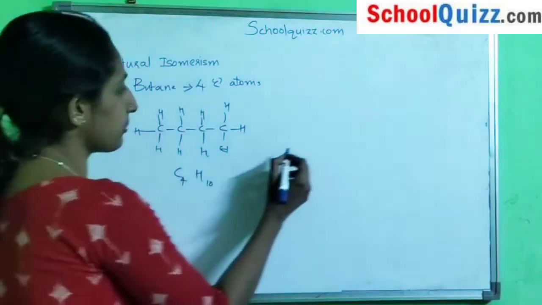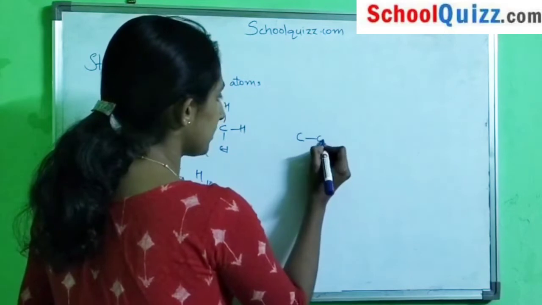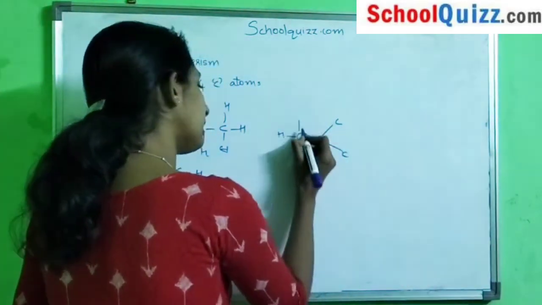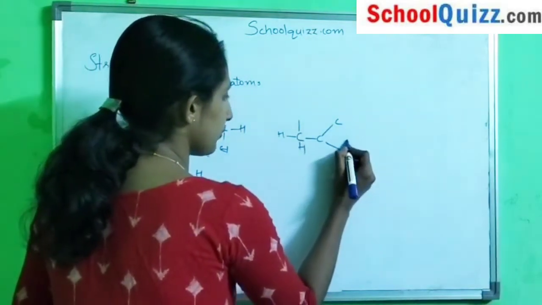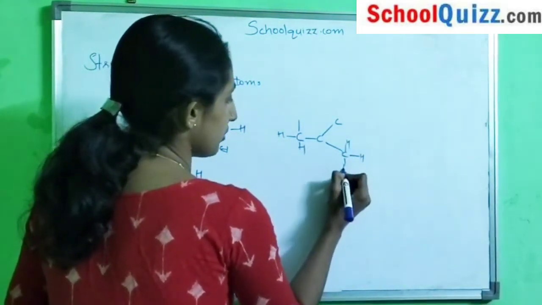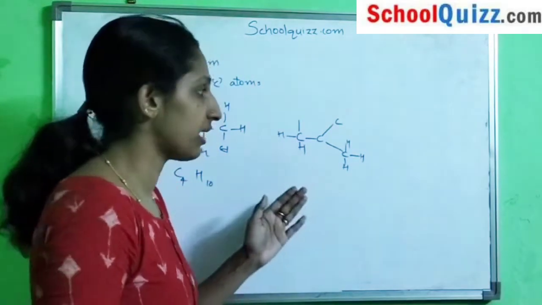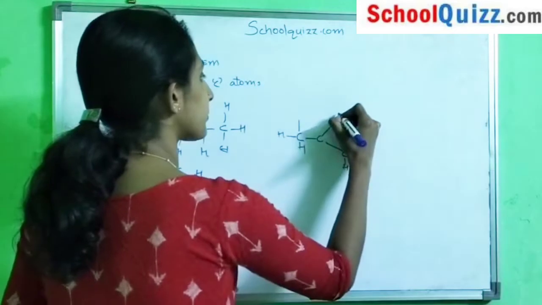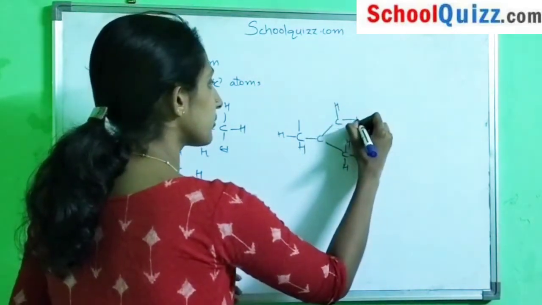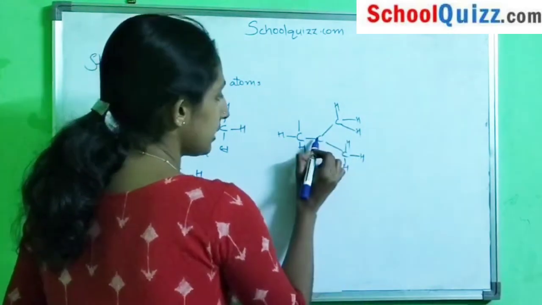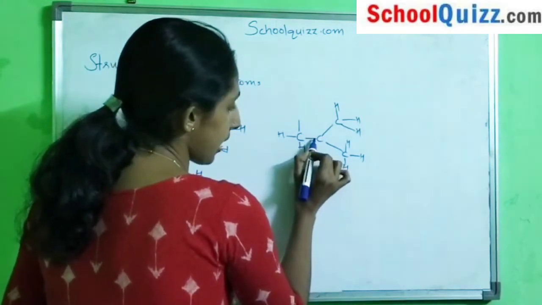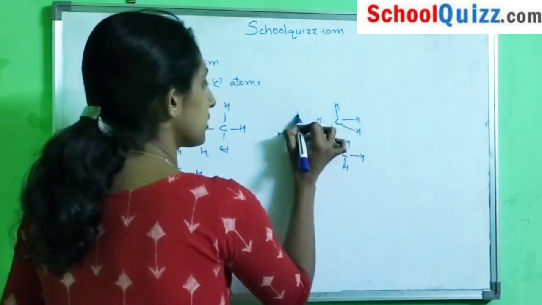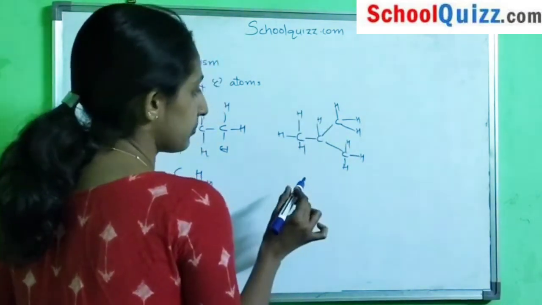We can also write butane in another form, where we also fill the remaining valency with hydrogen. We know that carbon is tetravalent, so each carbon must be surrounded by 4 valencies. Here the carbon has 3 valencies satisfied by 3 bonds, so one more hydrogen is present here.